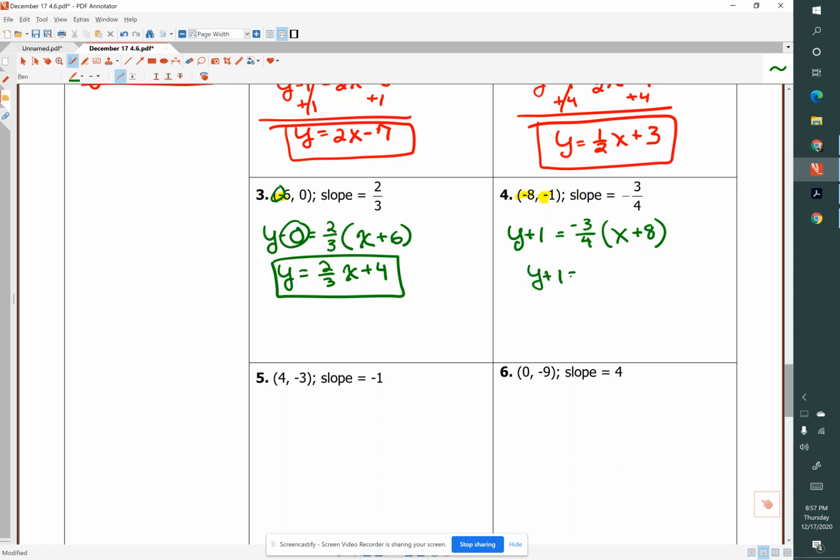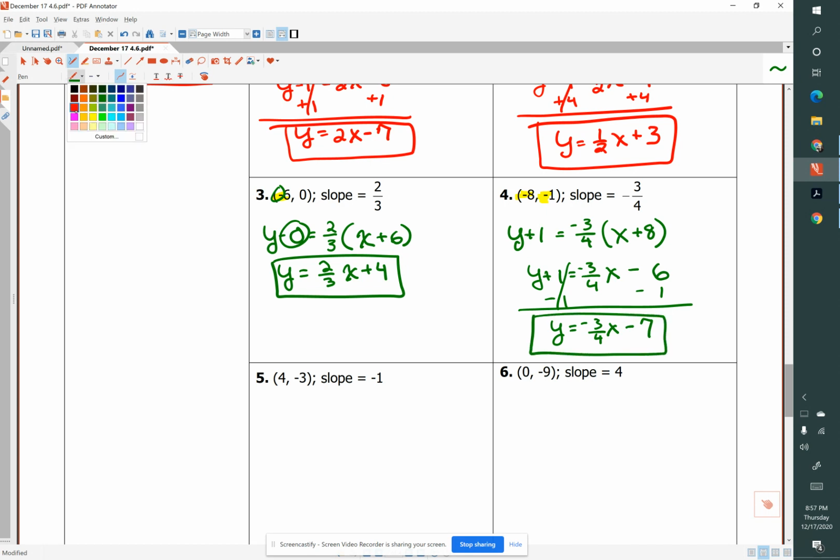Y plus 1 equals negative 3/4 x minus 6. 3/4 of 8 is 6. Oops, and I wrote 8. I said 6 and I wrote 8. It's 6. So now we subtract 1 from both sides. And we have y equals negative 3/4 x minus 7.